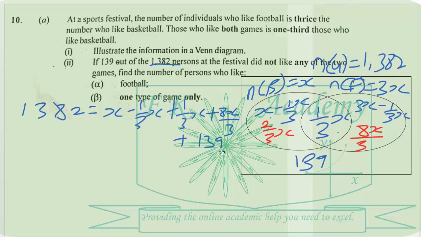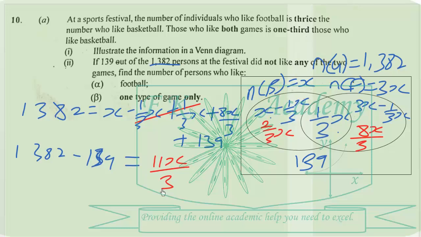So let's collect like terms. We have 1,382 minus 139 is equal to, so this will get rid of that, x plus 8x over 3 will give us 11x over 3.